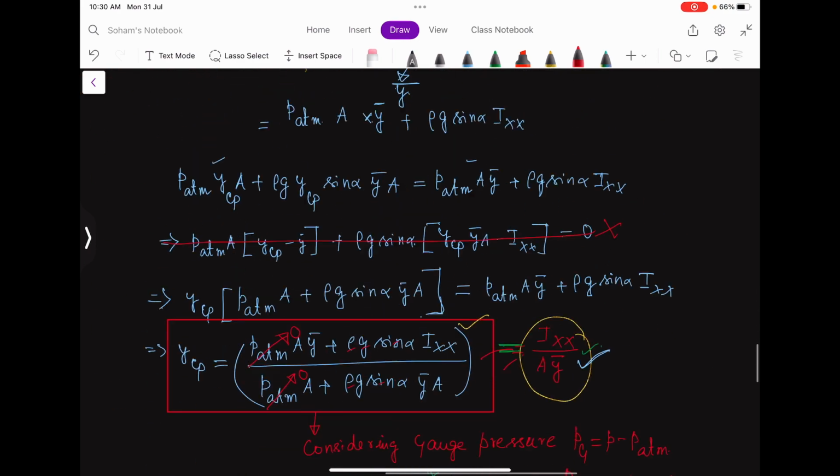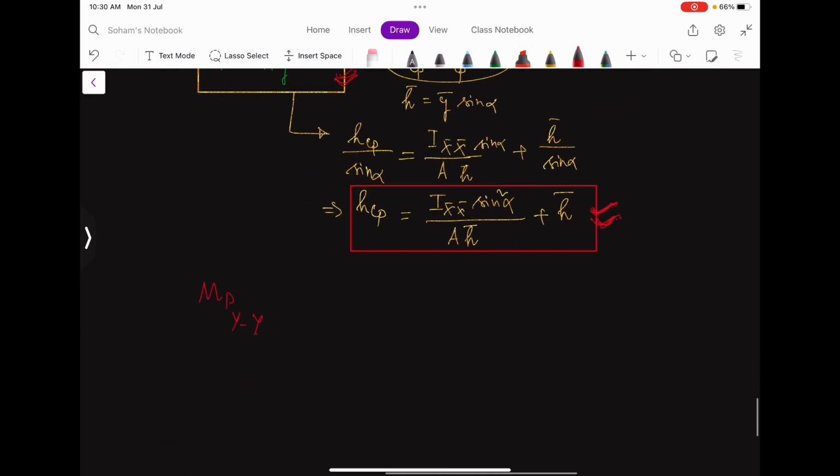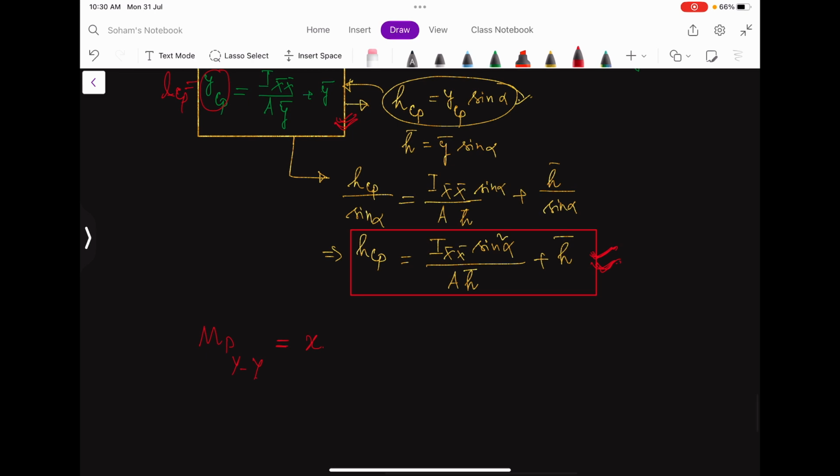So if I take that, then it will be something like: let us say that distance I call xcp, not ycp, into the pressure force, that is xcp into, again, I am now neglecting the PATM term, rho gh at any point into dA, that is B dL.